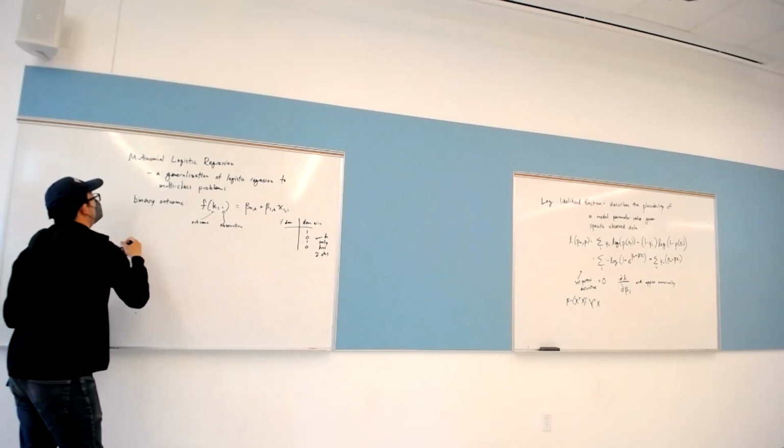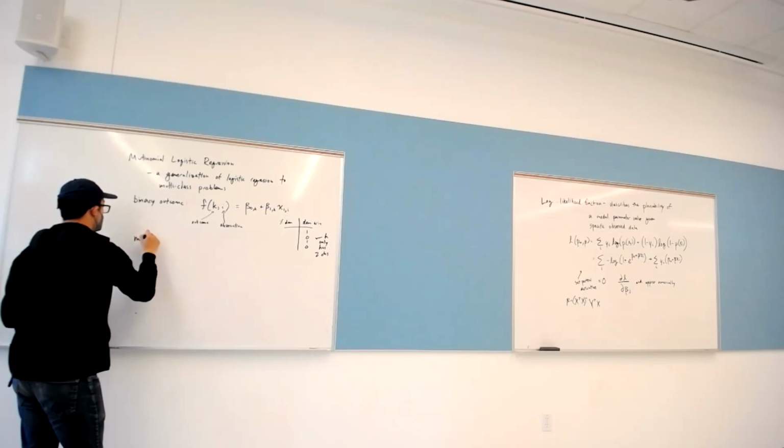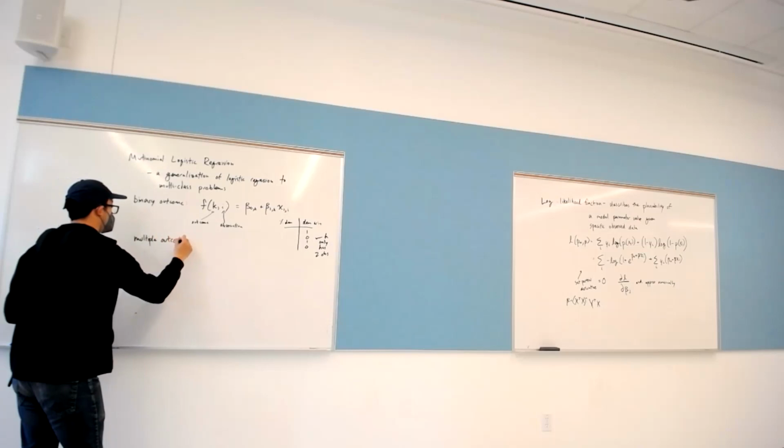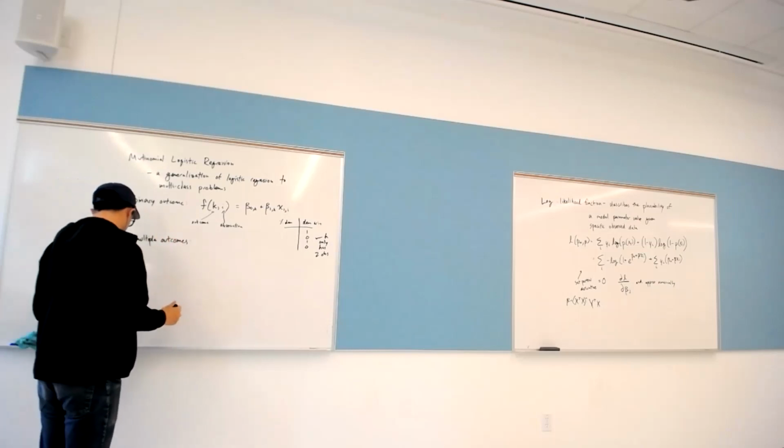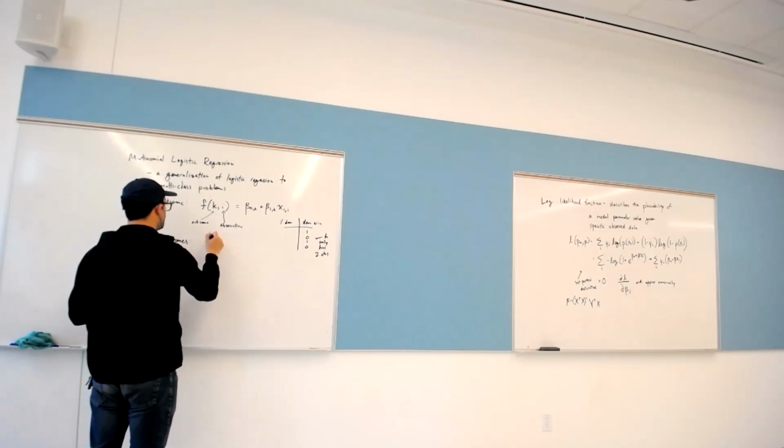But now we're going to talk about what happens when you have multiple outcomes. So same type of thing here.